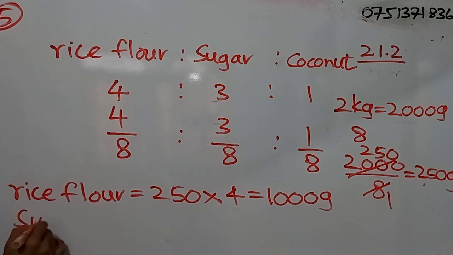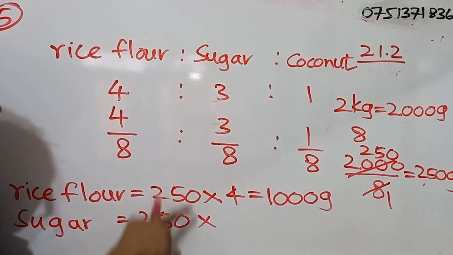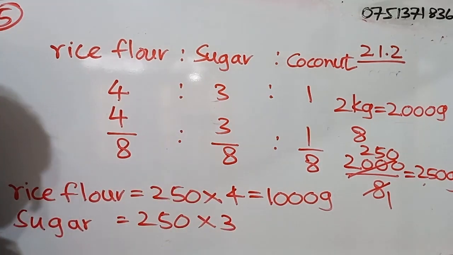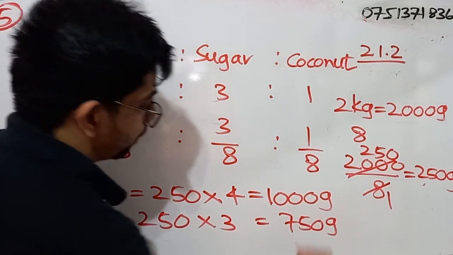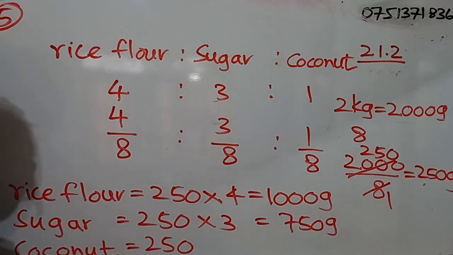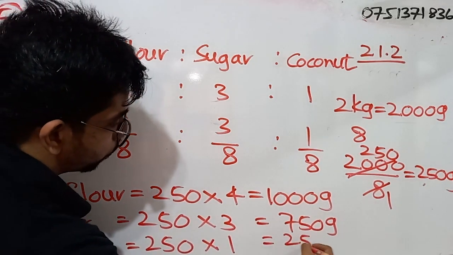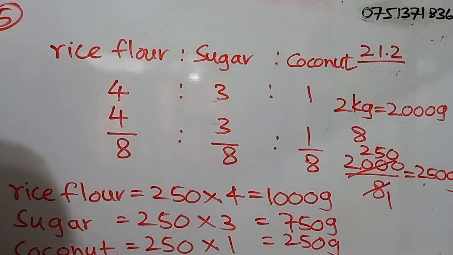So if we consider sugar, what is the value of 1 part? 250. We have to multiply that by what? Number of parts. So which is 3. So 250 into 3, what is that? 750 grams. Right. So the amount of coconut, what is the value of 1 part? 250. How many parts are there? 1. So this will be what? 250 grams. Right. So those are the answers.